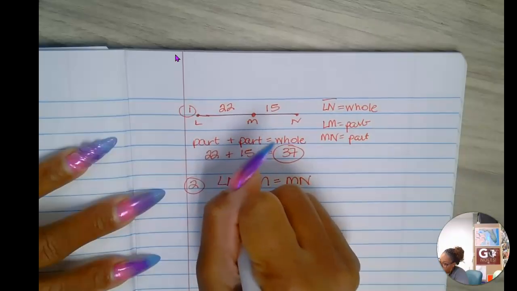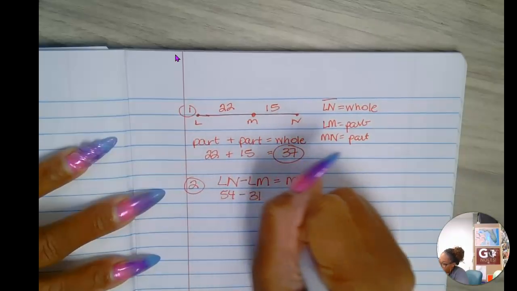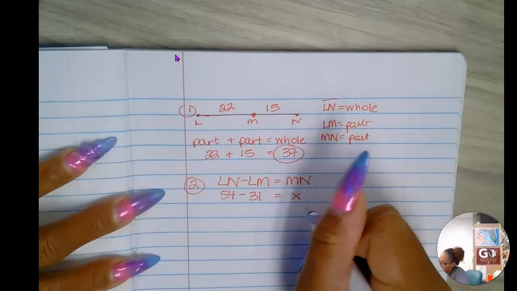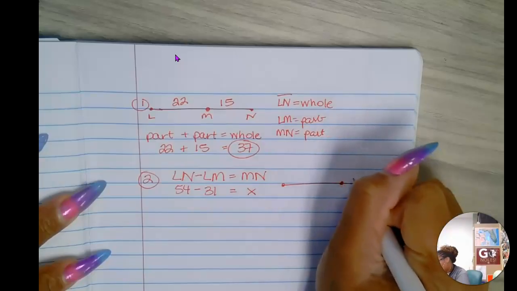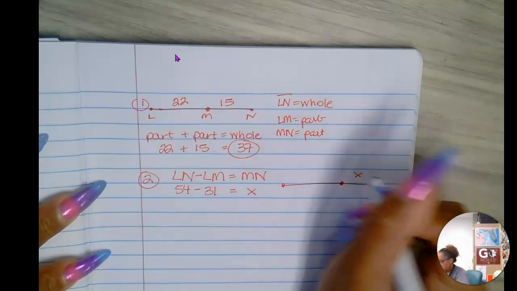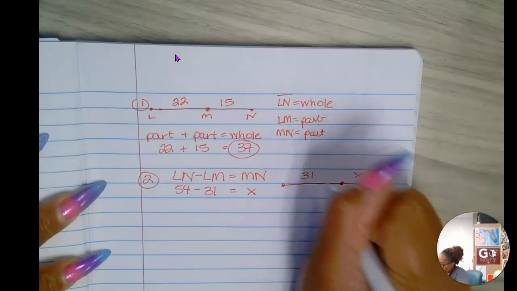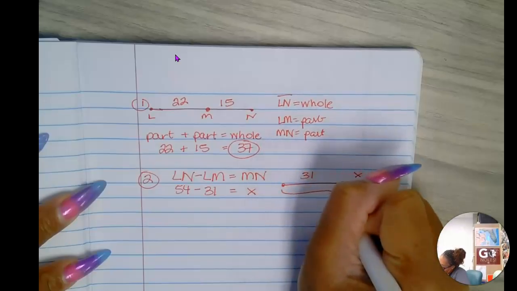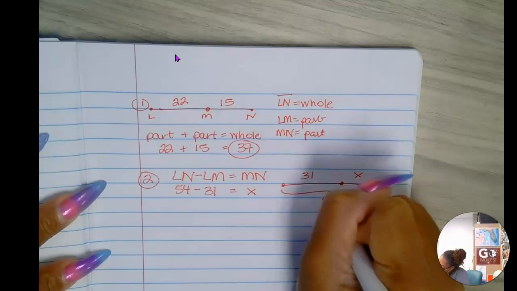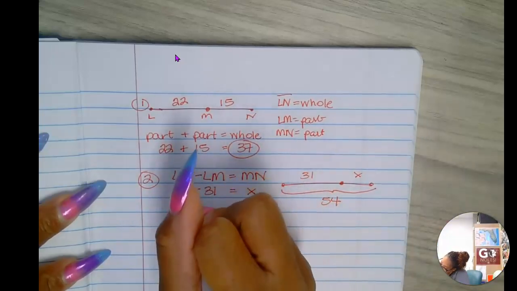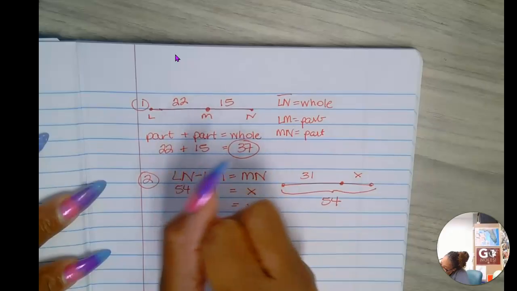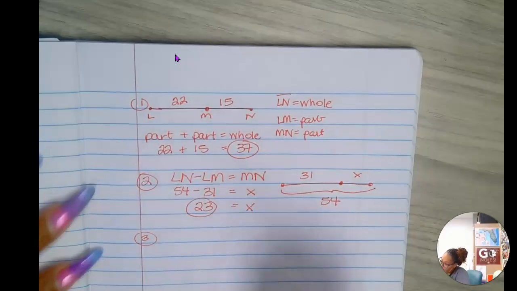So if this is 54 minus 31, that equals my x value because I'm not sure. And if we were to have a visual, it would look like this. MN is x, and this is 31, and then this whole thing is 54. x equals 23.